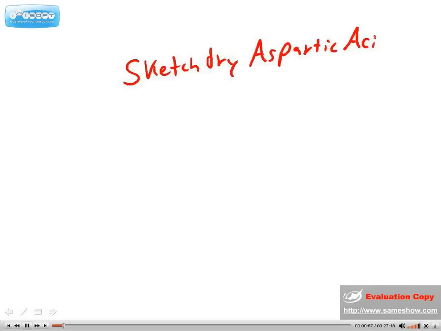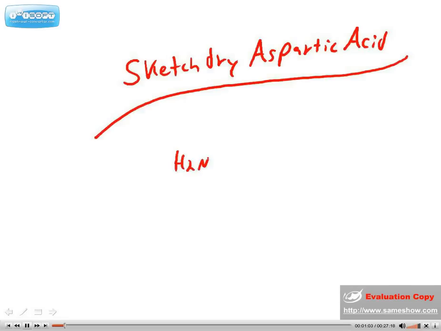So I could ask you to sketch a dry, for example, aspartic acid, in which case you have to go ahead and draw it.